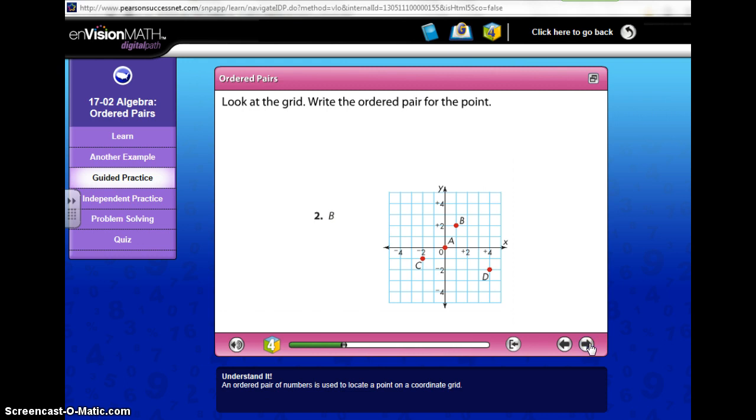Now, for our second try, I would like you to find point B. Write the ordered pair for point B. It might help you to always draw on the top of your paper over and then up or down, so that you remember, I start at 0 and then over and then up or down.